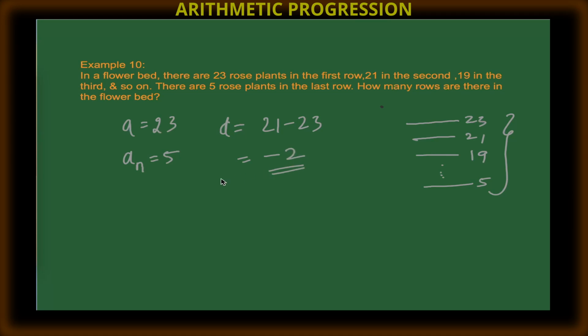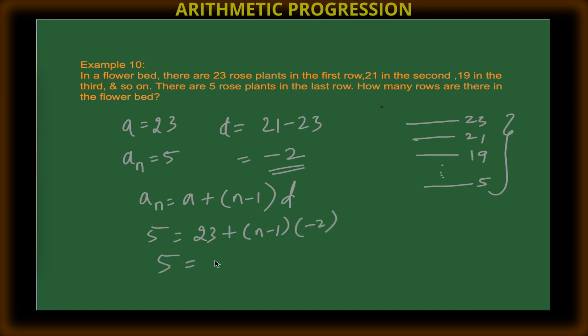So we know how to find the value of n by the formula for the nth term: an is equal to a plus n minus 1 into d. an is equal to 5, a is equal to 23, plus n minus 1, and d is minus 2.